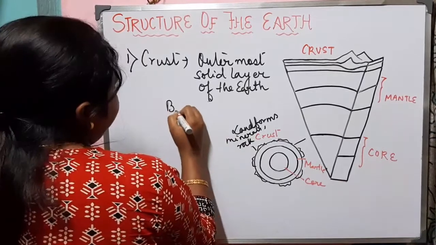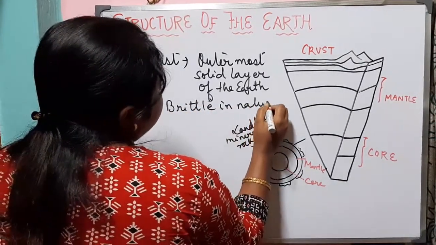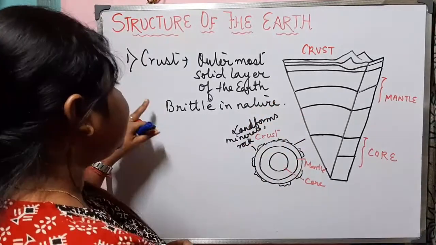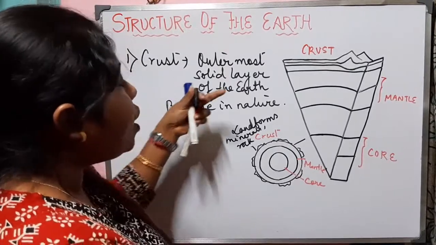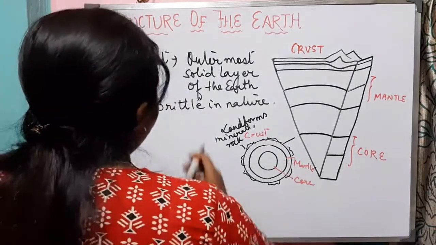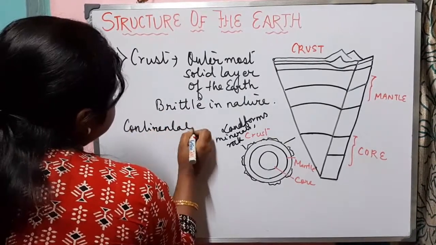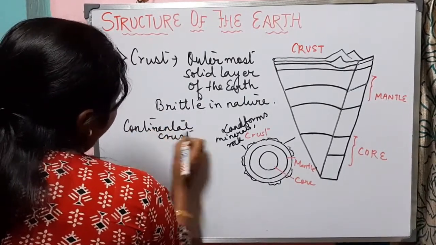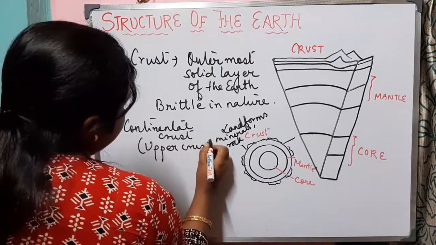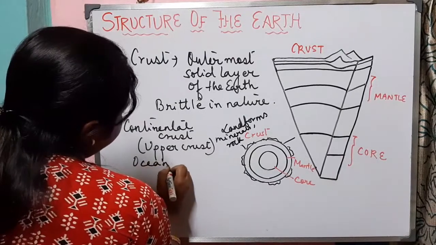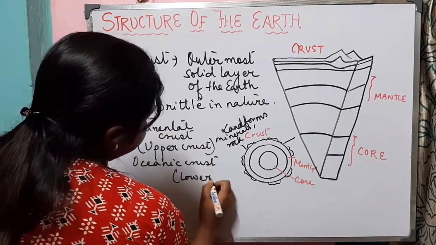Now this layer is brittle in nature. During an earthquake, this layer gets broken. Why? Because it is brittle in nature. Now the crust is divided into the continental crust, or we can say the upper crust, and the oceanic crust, which is the lower crust.